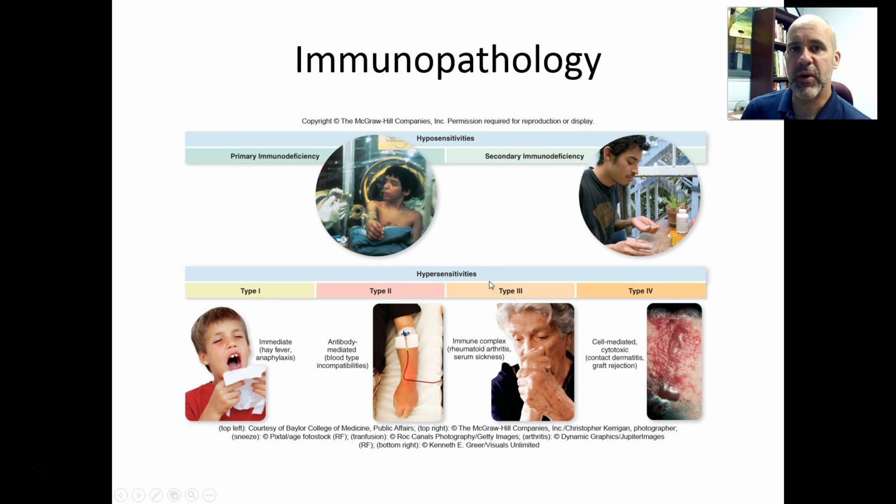Hypersensitivities, this is where your immune system is reacting or overreacting in an inappropriate way, and those can be divided up into 4 types. And we'll briefly talk about types 2, 3, and 4. We're mainly going to focus in on type 1 hypersensitivity.